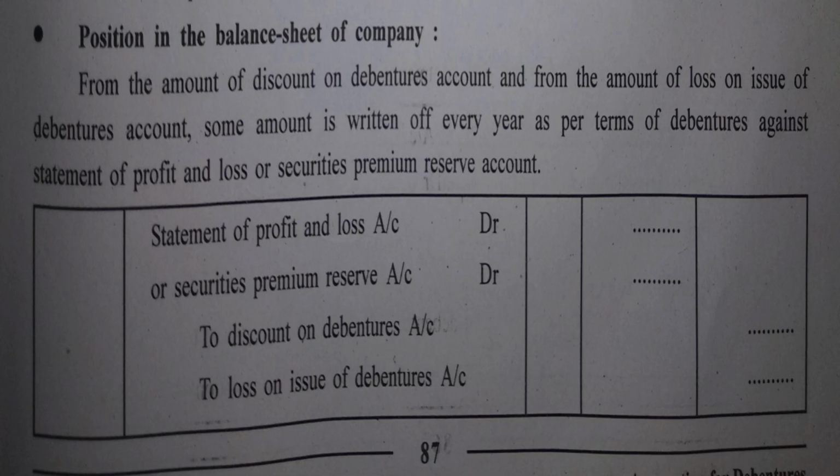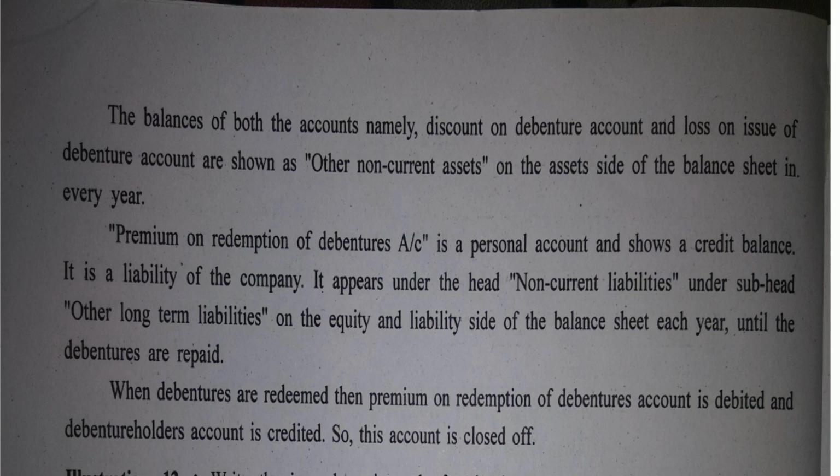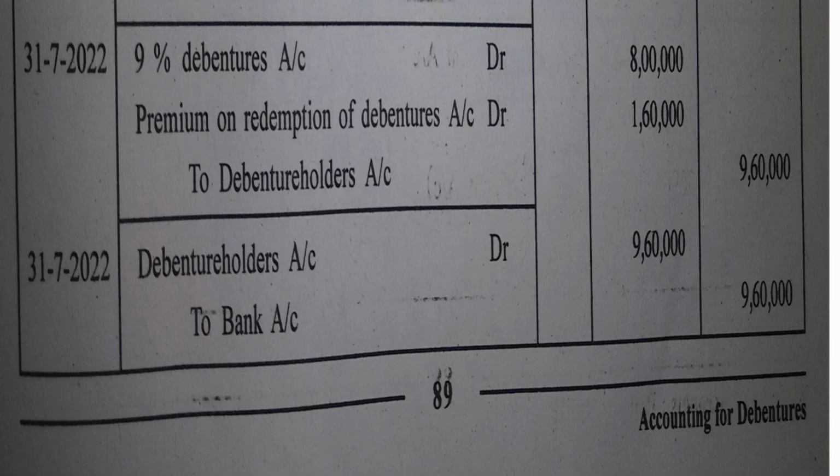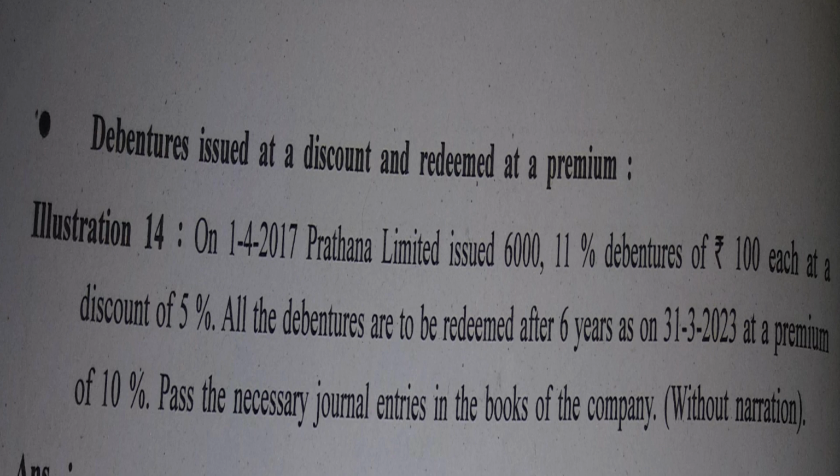So let us now understand illustration 14 on the basis of this concept. On 1/4/2017, Prathna Limited issued 6,000 11% debentures of ₹100 each at a discount of 5%. A debenture is of ₹100 and is issued at 5% discount. What is 5% of ₹100? It is ₹5.